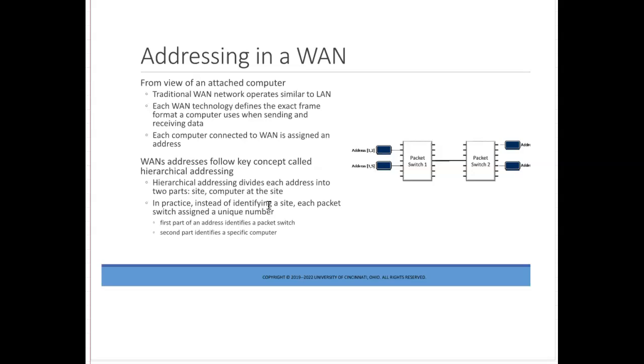In practice, instead of identifying a site, each packet switch is assigned a unique number. The first part of an address identifies a packet switch and the second part identifies a specific computer. You can compare this addressing scheme to house addresses and street addresses, using a 5-digit zip code that specifies the post office and the 9-digit zip code, the last 4 digits, that specify a location.